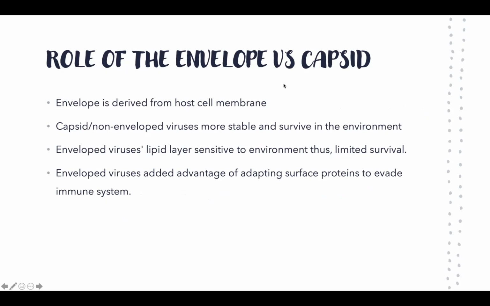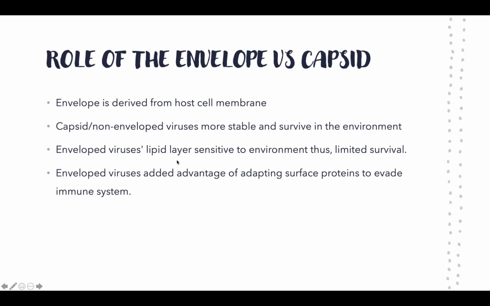So what's the difference between these envelope and capsid layers? When we have our lipid layer, this is derived from the host cell membrane, which makes sense, as the host cell membrane is also a lipid layer. The capsid, or the non-enveloped viruses, are more stable, which makes sense as it's a very strong structure and it can survive in the environment for longer.